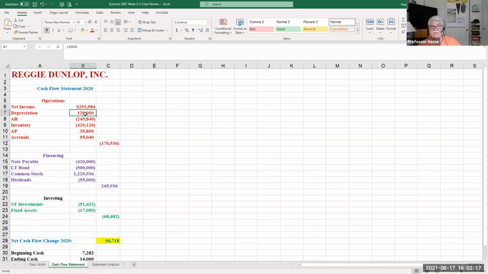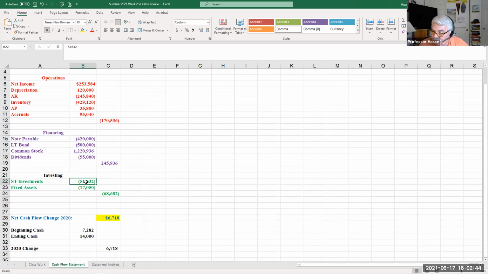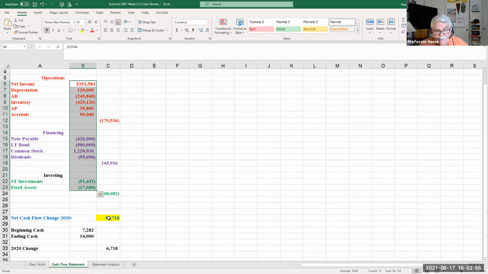Profits, depreciation, cash going out because we're not collecting receivables, cash going out for inventory, cash coming in for the borrowing of money, cash going out for the payment of debt, cash coming in for the issuance of common stock, cash going out for dividends, cash going out for the purpose of investing in short-term investments, and cash going out to purchase fixed or plant assets. The combination of all those is that.